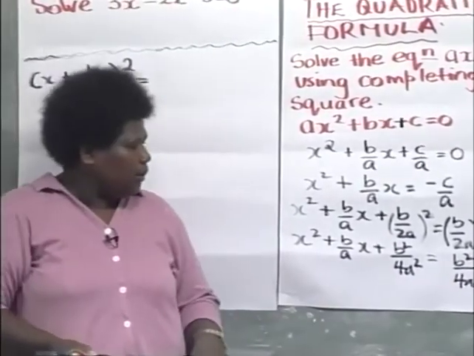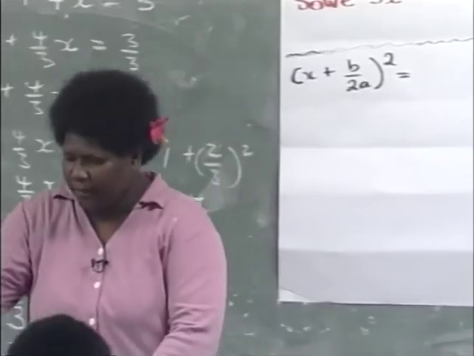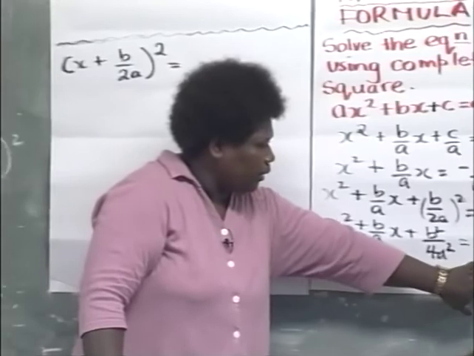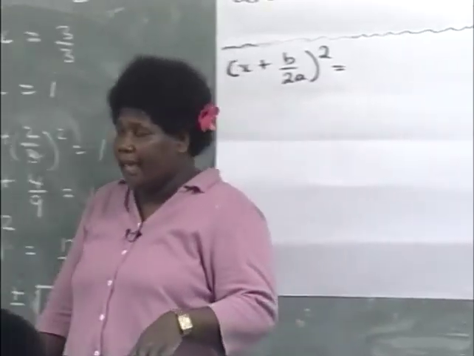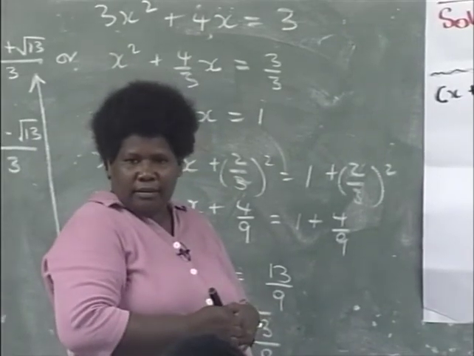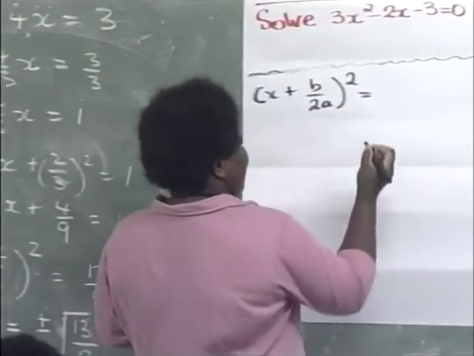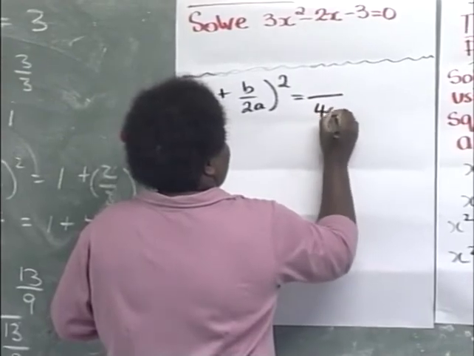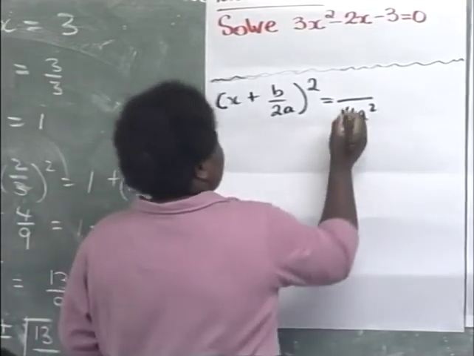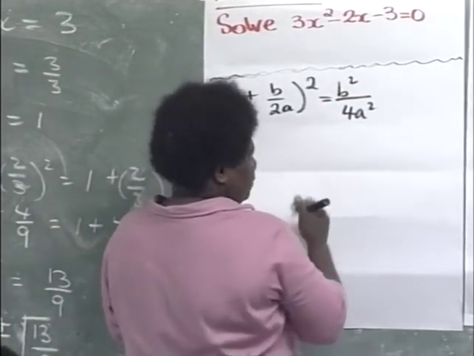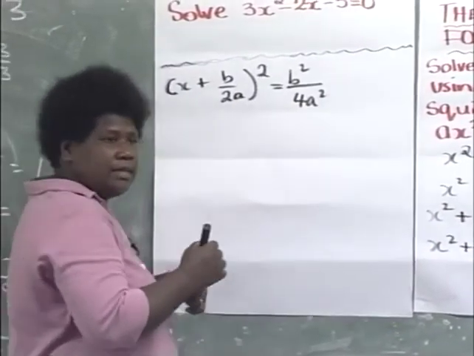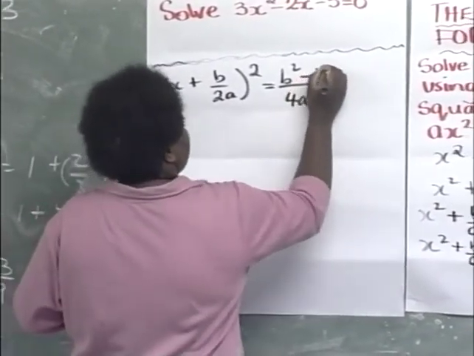What is the lowest common multiple of 4a squared and a? 4a squared. Okay. 4a squared into 4a squared is 1. 1 times b squared will be b squared. 4a squared into a is 4a times c is 4ac.